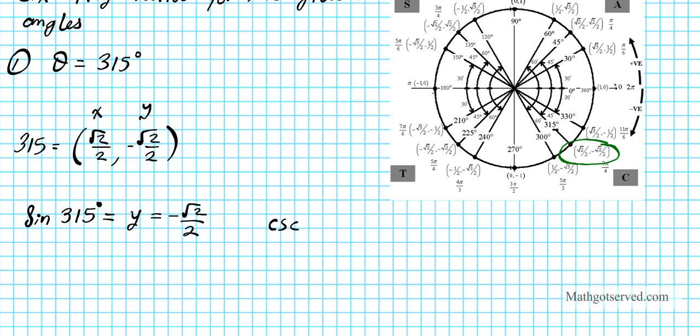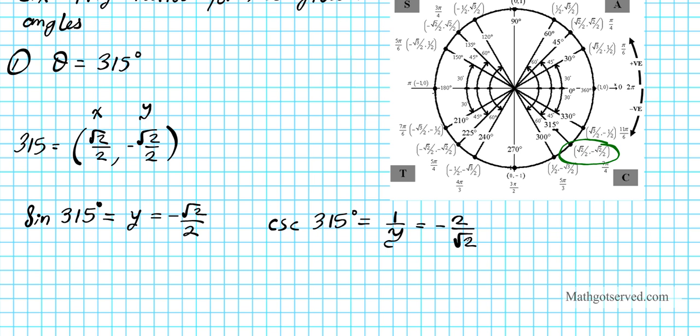Cosecant 315 is 1 over y, the reciprocal of sine. So let's just reciprocate. That's faster. So we have negative 2 over root 2.